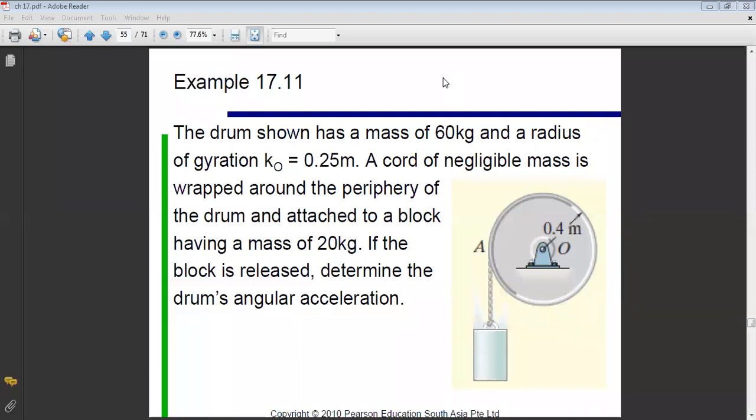So first, if I put the free body diagram, I have at pin O, OX and OY. I have, of course, the weight of the disc and of the pulley, and I have the weight of my block. Okay? Now, what I want to find is alpha, and they didn't ask about OX or OY.